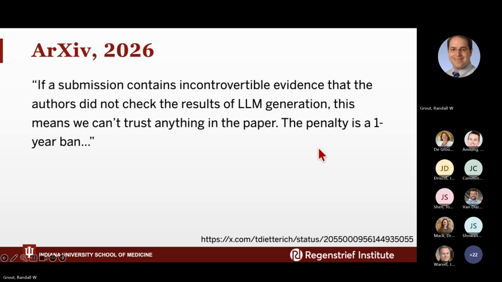So, concerns, penalties, retractions, bans, things like that. People are trying to take this pretty seriously, that we want to preserve the integrity of the content of our literature. Okay, so that is a little bit about the broad view of AI as not an author.